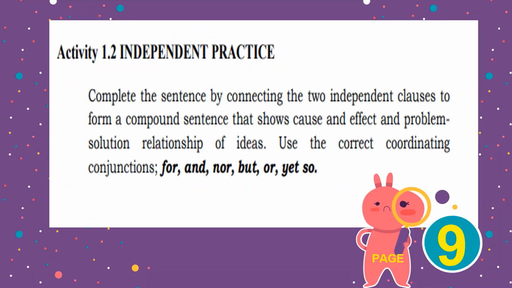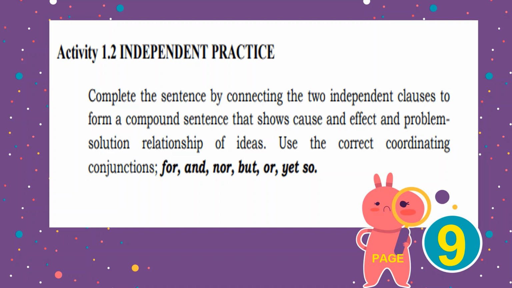For this activity, please turn your module on page 9. Activity 1.2. Independent practice. Complete the sentence by connecting the two independent clauses to form a compound sentence that shows cause and effect and problem-solution relationship of ideas.